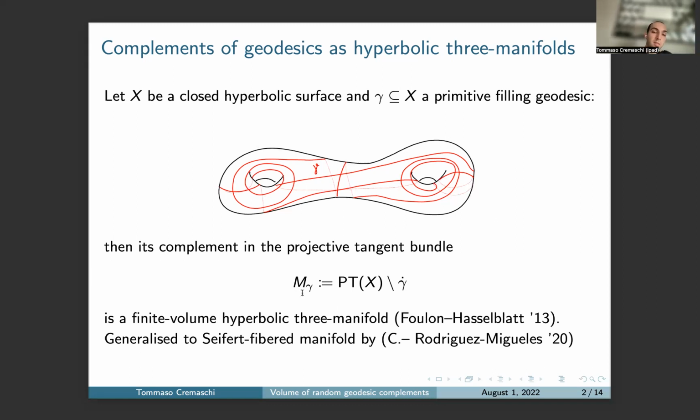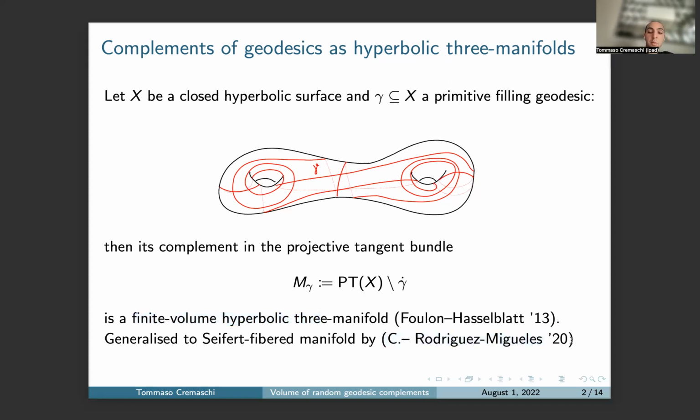If you do this, you obtain a three-dimensional manifold in which you drilled out a loop. There's a theorem, more an observation, first made by Foulon and Hasselblatt back in 2013, that this is a finite volume hyperbolic manifold. There is also a really nice blog post by Danny Calegari that gives a proof of the statement. However, they use a lot of geometric properties of the geodesic flow.